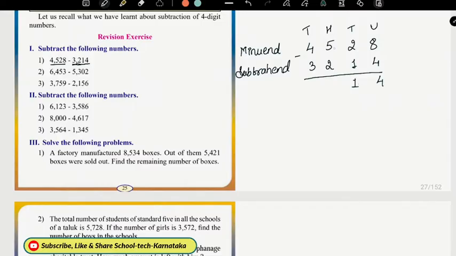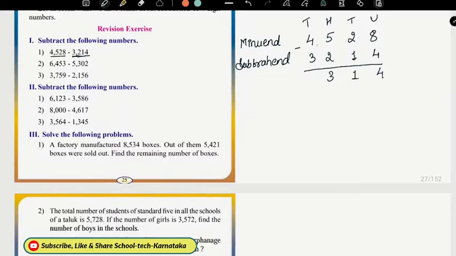Then hundreds place, 5 minus 2 is 3. And thousands place we have 4 minus 3, that is 1. So our answer for this is 1314.